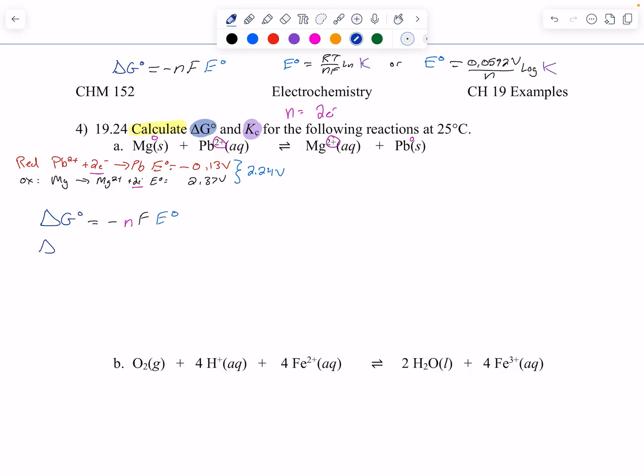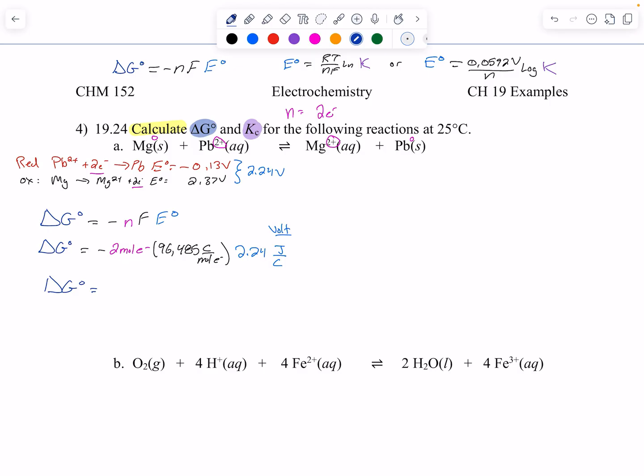Delta G equals negative 2 moles of electrons times 96,485 coulombs per mole of electron times our 2.24 joules per coulomb, which is a volt. So if we do this, delta G standard equals negative 2 times 96,485 times 2.24.